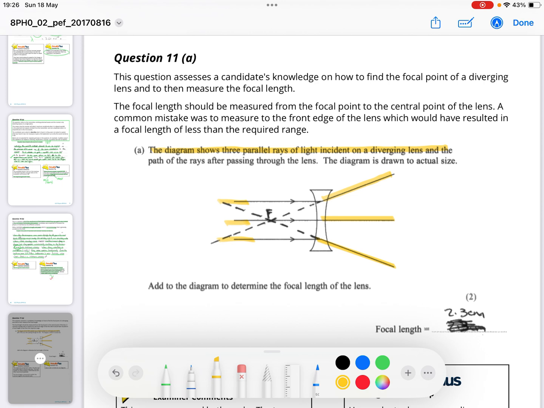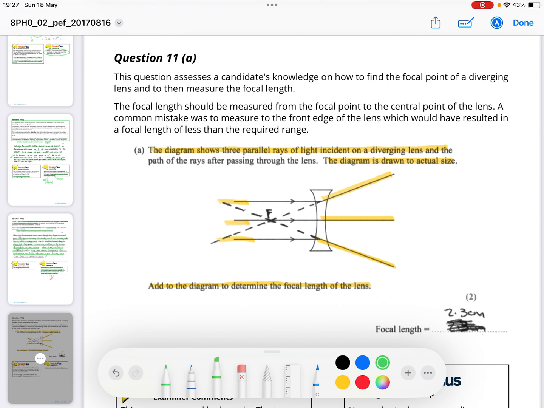So they want you to then, it says the diagram is drawn to actual size, so it's drawn to scale. They want you to add the lines, the dotted lines that the student's drawn, to determine the focal length of the lens. So basically, you redraw the lines going backwards.